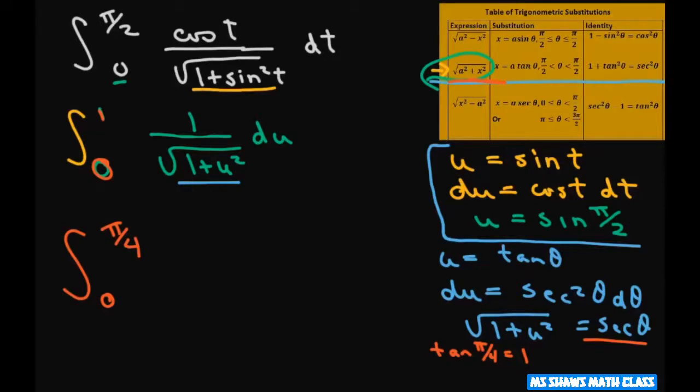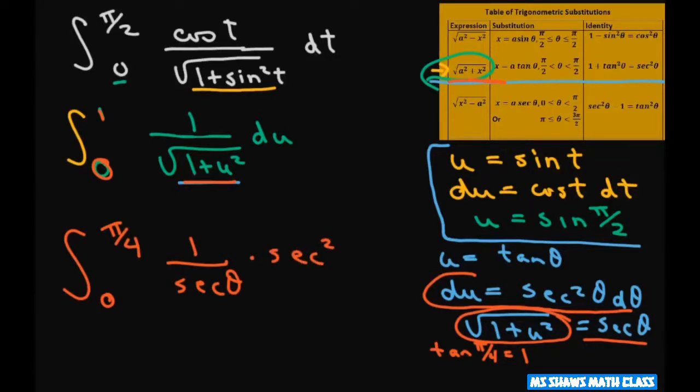So after you integrate that, you're going to get 1 divided by secant theta, and du is here, so that's times secant squared theta d theta. So this is going to end up crossing out, and you just have one secant left. So what we have is the integral from 0 to pi divided by 4 of secant theta d theta.